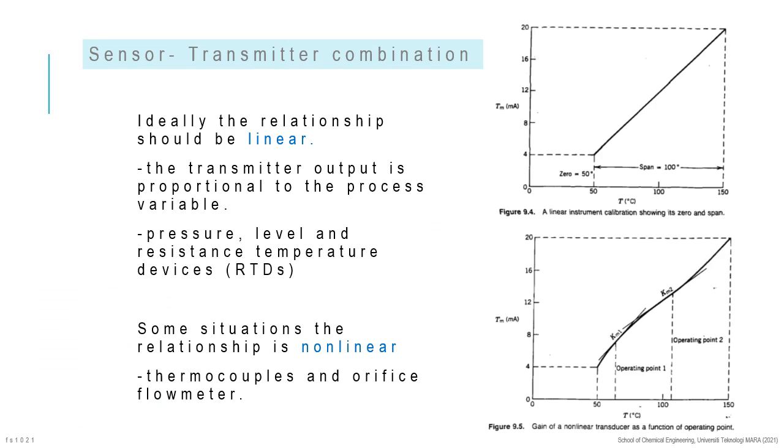Ideally, the relationship of transmitter output and process variable is linear. The transmitter output is proportional to the process variable, as can be seen in the figure on the top. However, the relationship of process variable and transmitter output can be nonlinear. Examples can be seen in thermocouples and orifice flow meters. The example of a nonlinear relationship can be seen in the figure below.